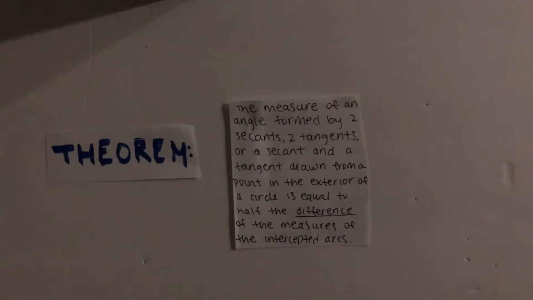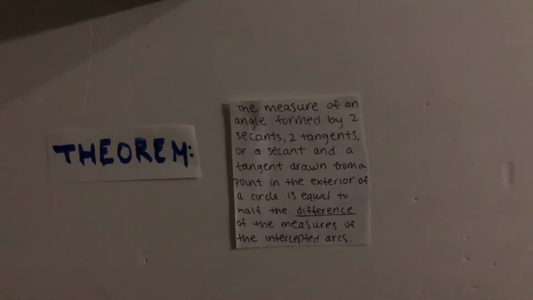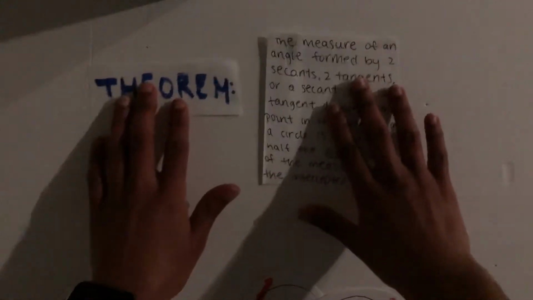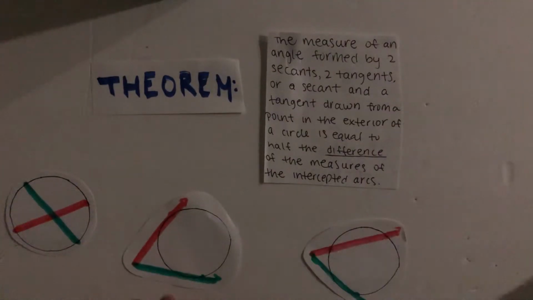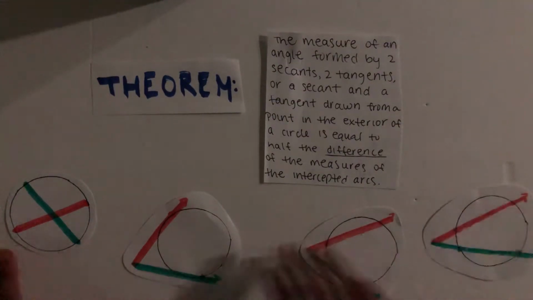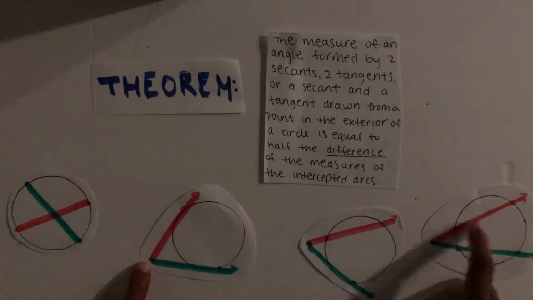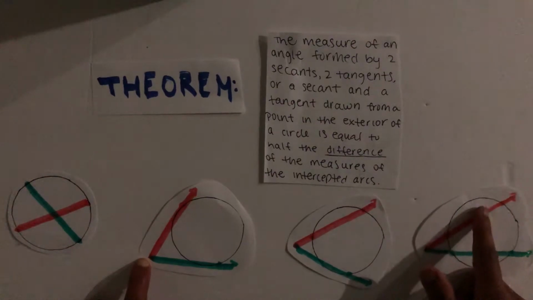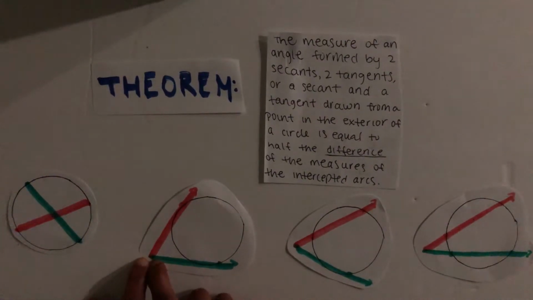Now that sounds like a mouthful, but before we show some examples, it's important to notice that for the examples that we had, here let's bring in the diagrams real quickly. For these four that we had, these three, the secant, tangent, and secant-tangent angles formed are on the outside of the circle.